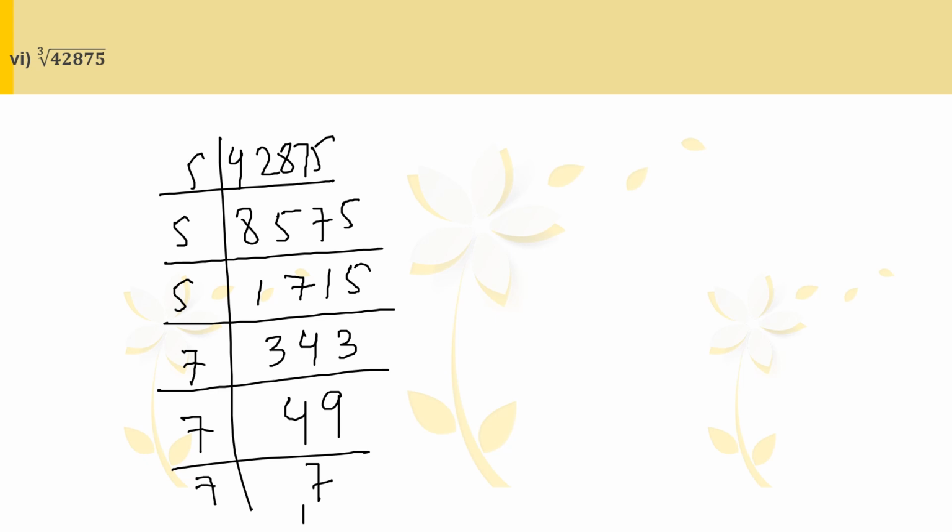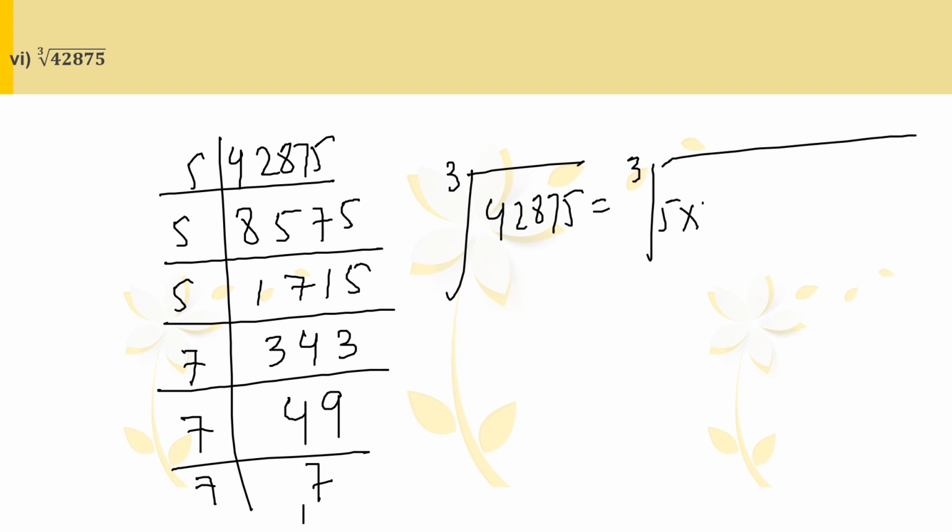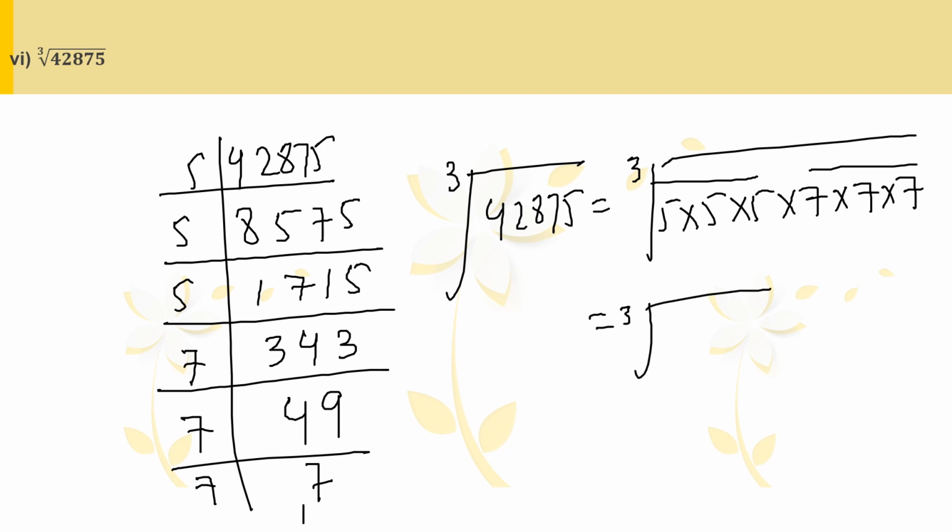Right, now I will write it as cube root of 42875 is equal to cube root of 5 multiplied by 5 multiplied by 5 multiplied by 7 multiplied by 7 multiplied by 7. I can make these combinations, then I will get cube root of 5 cube multiplied by 7 cube, and I will separately apply root on both of these.